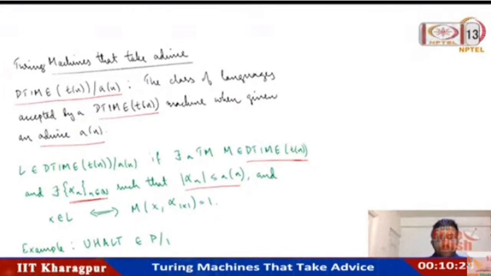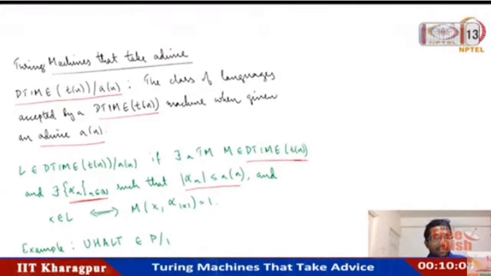So this may seem similar to the definition of NP, the verifier model of NP, where we had a proof string or witness string or certificate string for each input. The main difference here is that there are two differences.